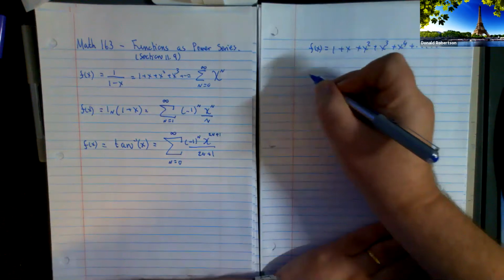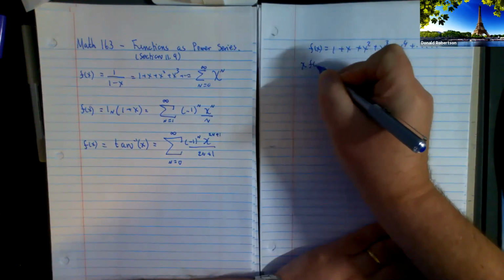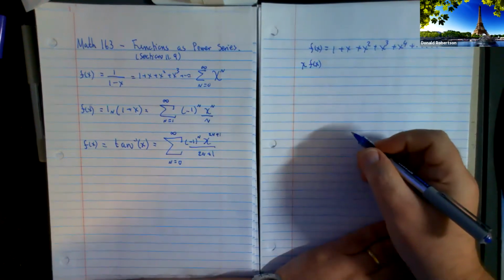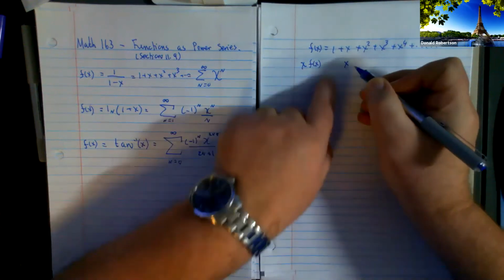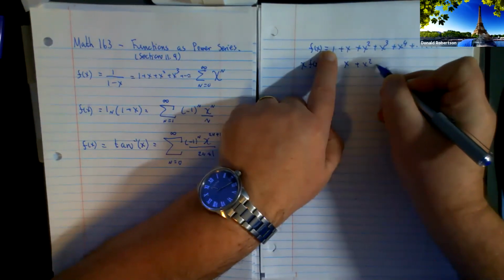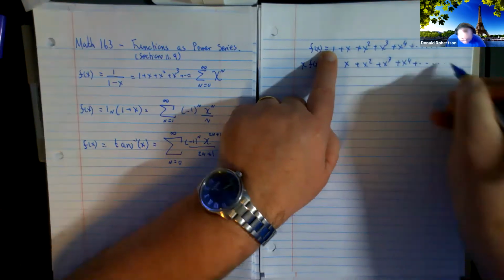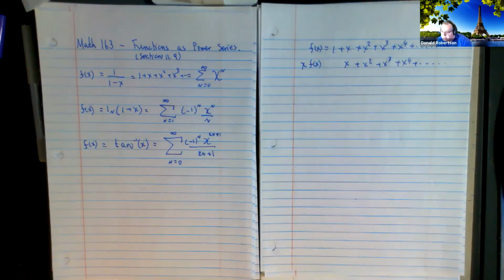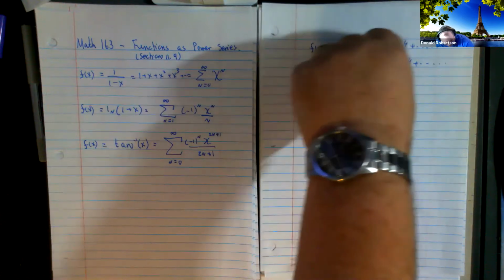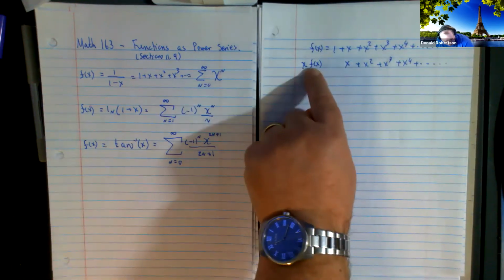Now, if you take f of x and you multiply it by x, don't you get x plus x squared plus x cubed plus x to the 4 for eternity? Would you agree? If this is f of x, isn't x f of x this guy?